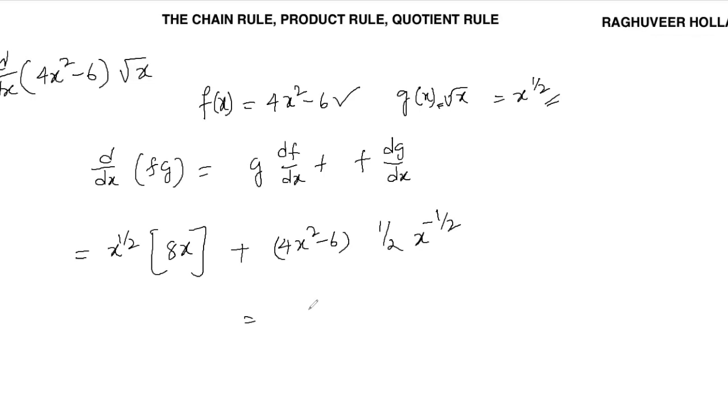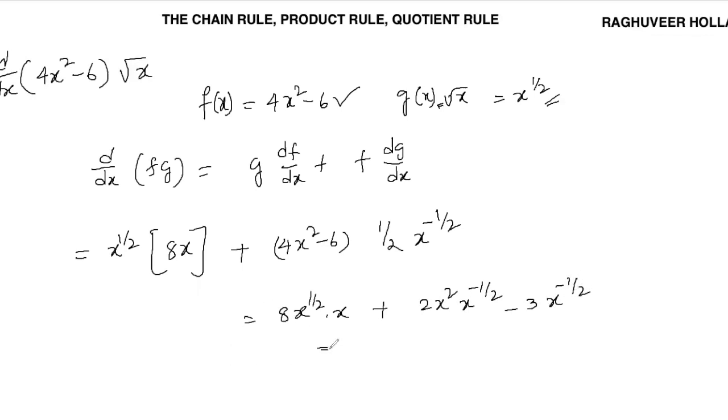Simplifying, we get 8x to the power of half into x plus 2x squared x to the power of minus half minus 3x to the power of minus half.